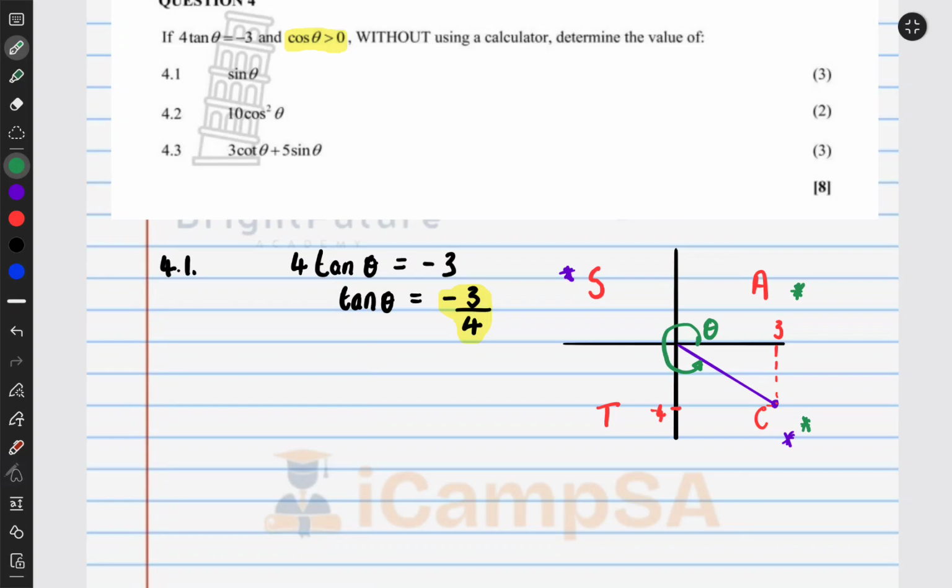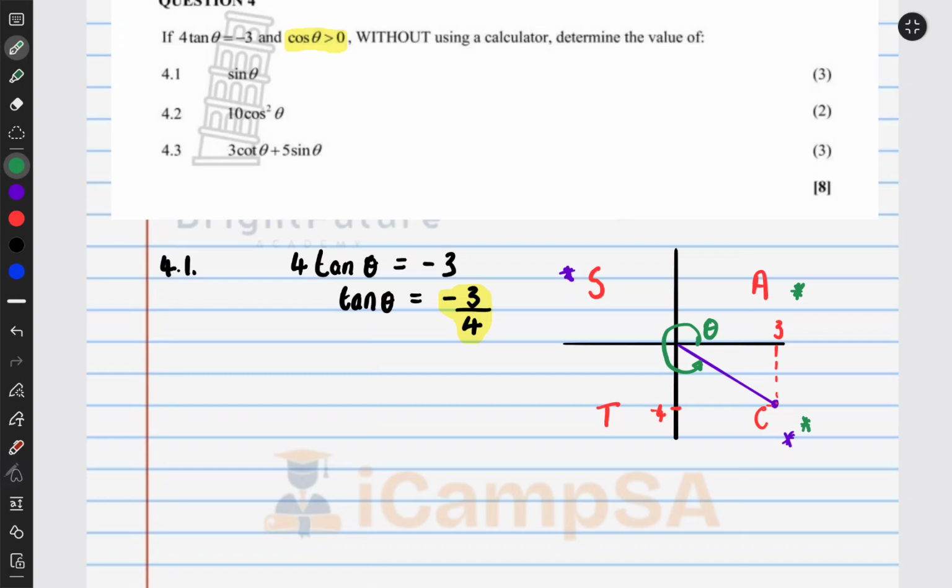Okay, and we know that negative 4 belongs to what? It belongs to the opposite side, or the y side. And then that positive 3 is the adjacent side. Okay, sorry, no, not the negative 3, the negative 4, which is the y side.